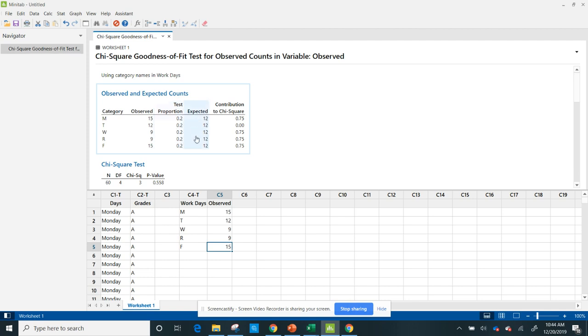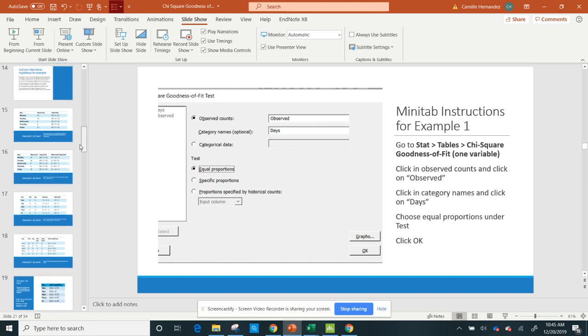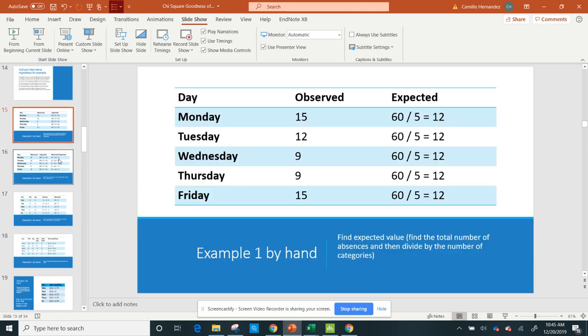The expected: how did it get the expected? The expected was the total of the observed, which was 60, divided by 5, my number of categories, which gives me 12. If you don't understand this all the way, I'm going to go back and show you where it is, because I skipped over it when I did the example by hand.